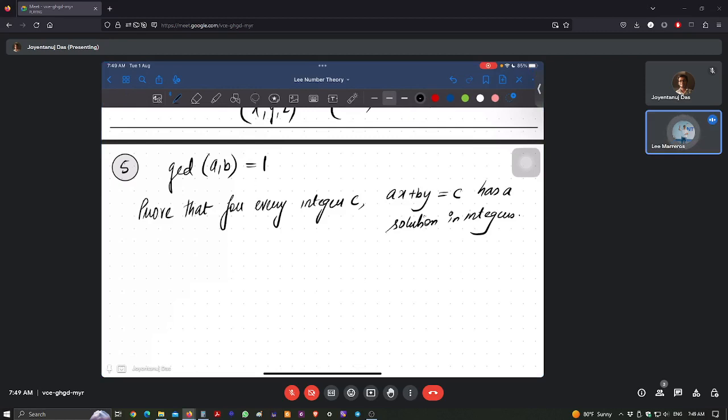I mean, we can divide everything by C, right? And then we will have A divided by C, no, right? Because the GCD of A and B is one, right? So they will not be integers if I divide by C, and I want an integer solution.